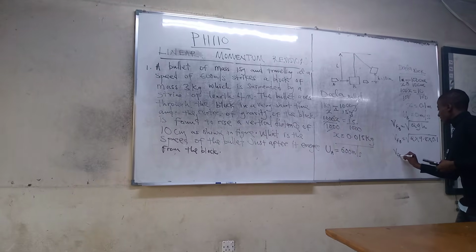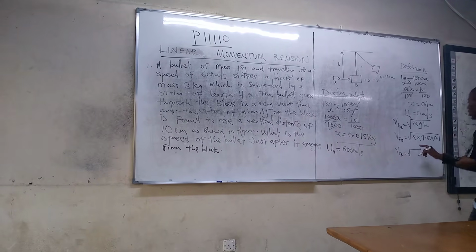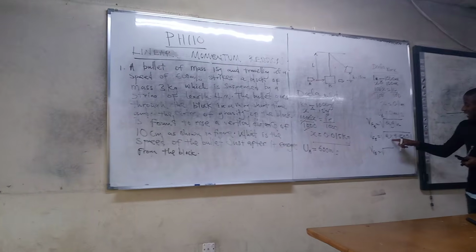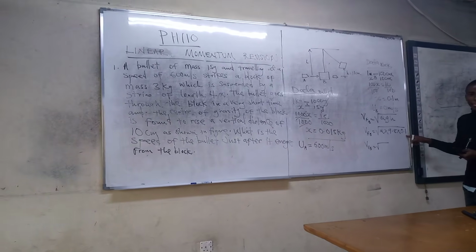So the final velocity of the block is equal to, what is the figure when you multiply 2 times 9.8 times 0.1?